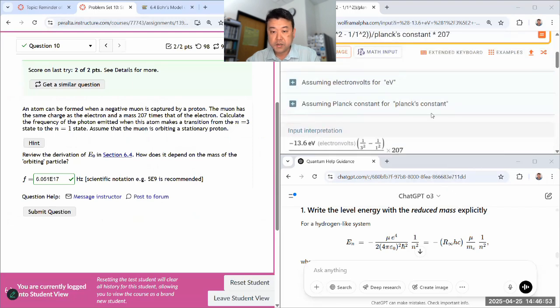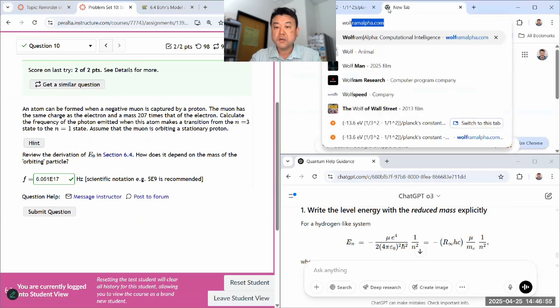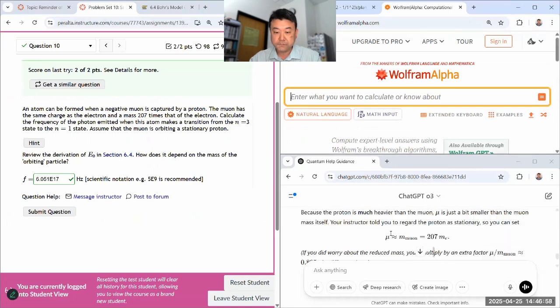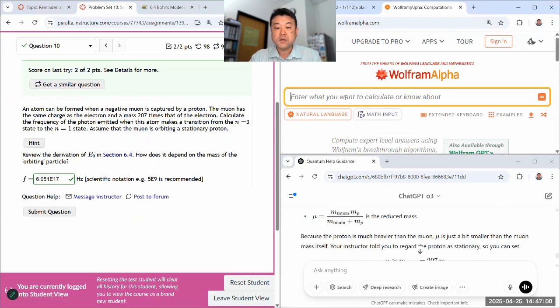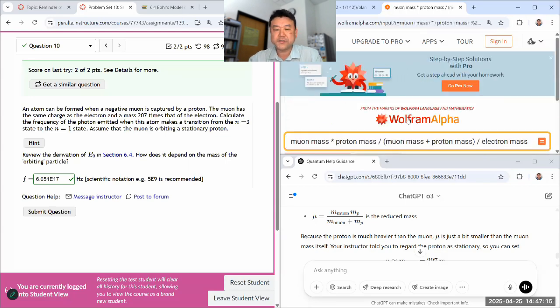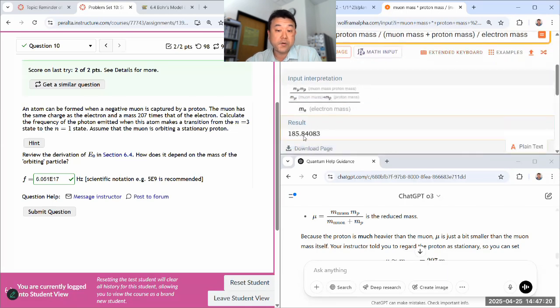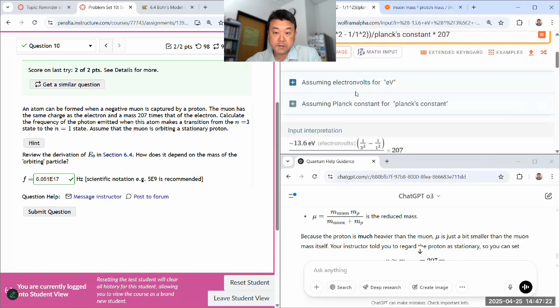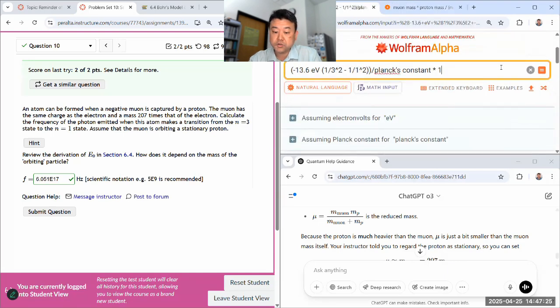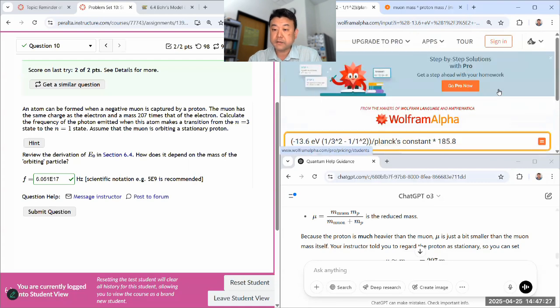So let me work out the fraction for the reduced mass, which should be muon mass times proton mass divided by muon mass plus proton mass, and then divided by electron mass, since we are dealing in units of electron mass. This is 185.8, and if I use that, I'm pretty sure that won't be graded as correct.